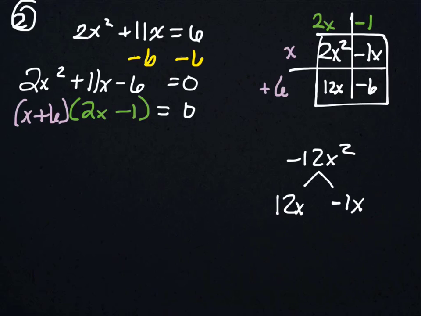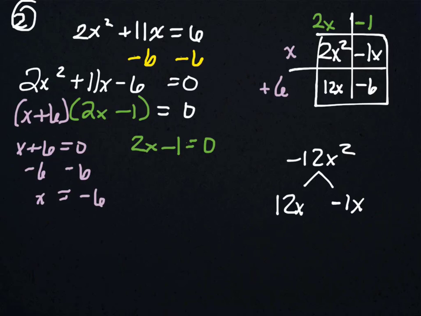And this is true when my x plus 6 equals 0, or the 2x minus 1 equals 0. And I'm going to solve both those equations. Subtract the 6. X is equal to negative 6. Add the 1. 2x is equal to 1.